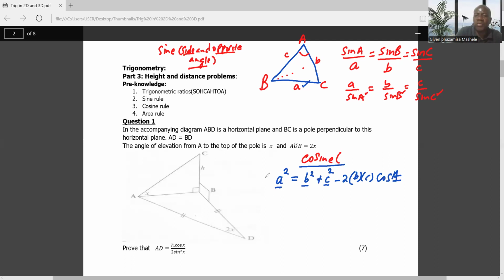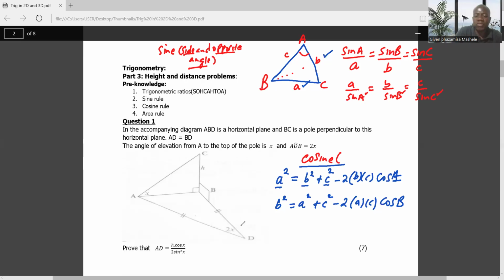If you want to know about side b, we take that side and square it. What are the other sides that we do not square except b? It will be a and c. So you take a squared plus c squared minus 2 times a and c, then the cos of which angle?